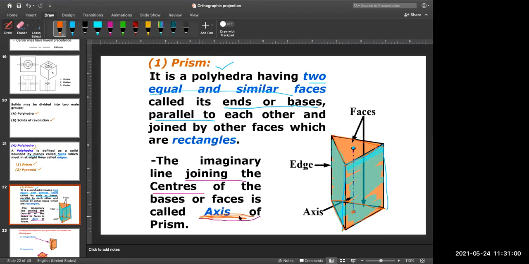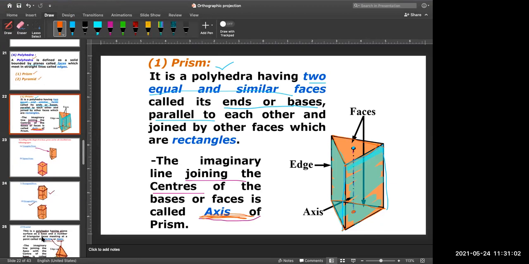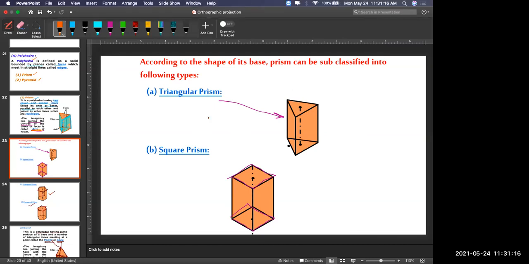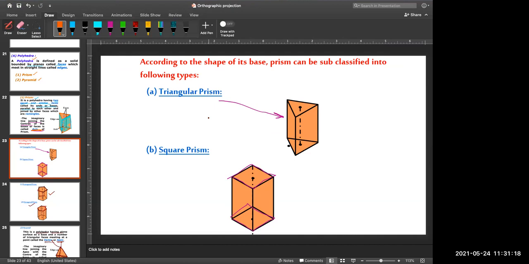Keep this in your mind, because when we will be doing the problems or drawings, the axis length will be given, or information regarding the top face, whether it is a triangle, a square, or pentagon, or hexagon. That information will be given. Based on that, we will draw that prism or pyramid.